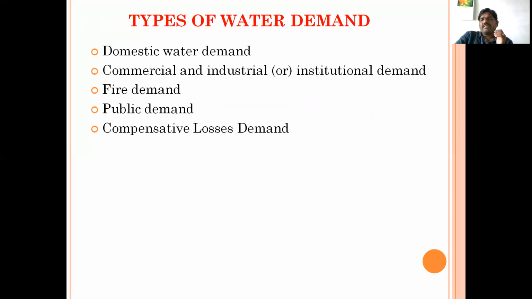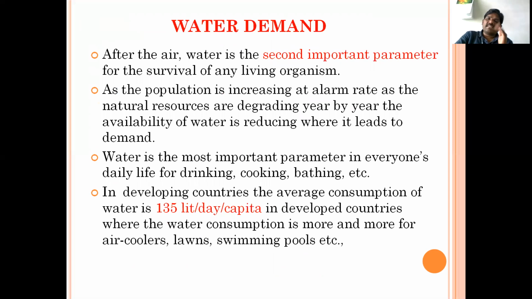In the next class we will discuss the influencing factors of water demand. Already I told you two parameters: the first is seasonal fluctuations, and the second is hourly fluctuations. Any other parameters that can influence water demand, we'll discuss in the next class.